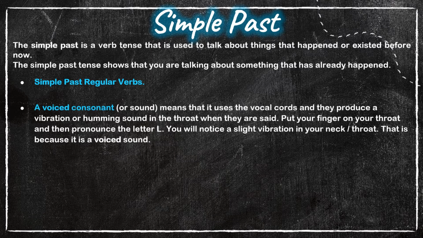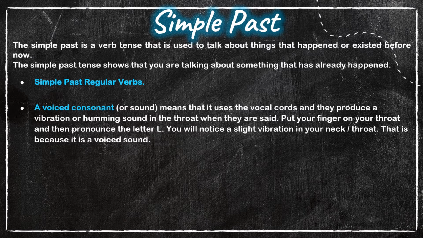Simple past regular verbs, the ones that finish in ed, right? For example, a voiced consonant or sound means that it uses the vocal cords and they produce a vibration or humming sound in the throat when they are said.